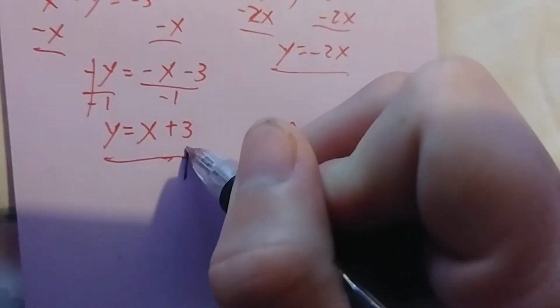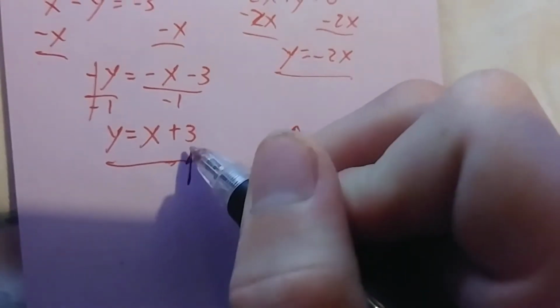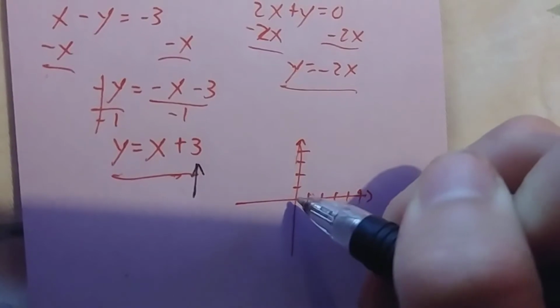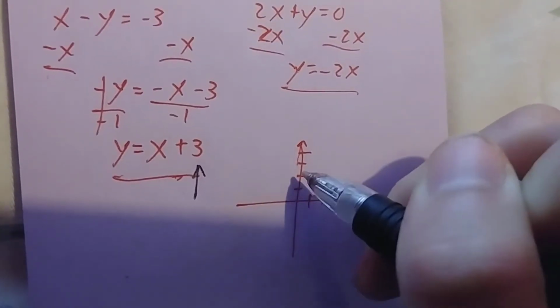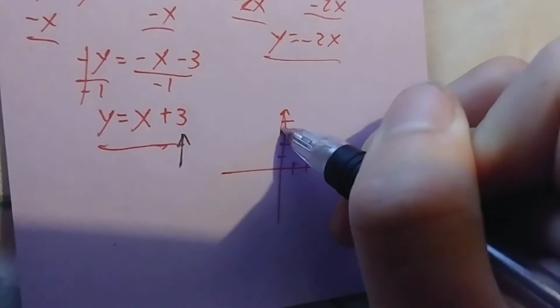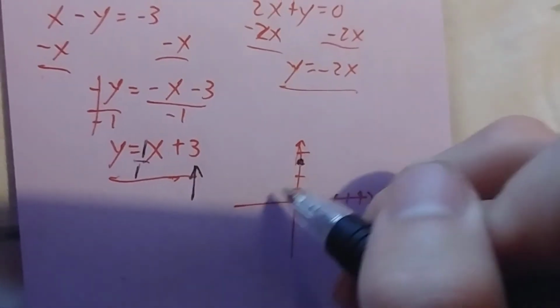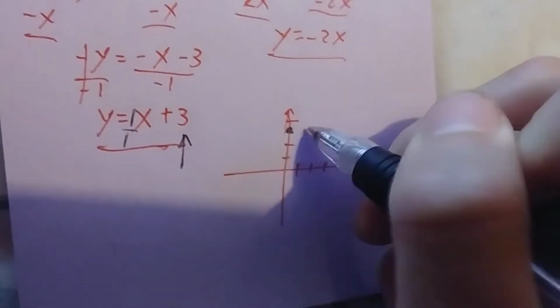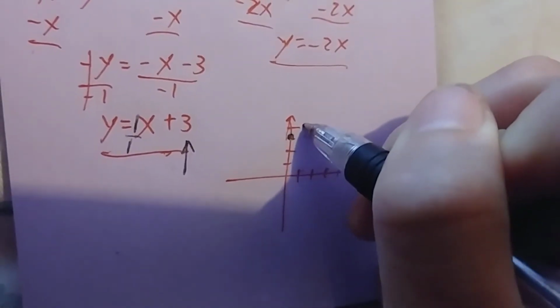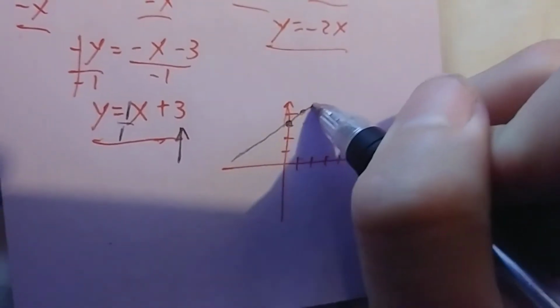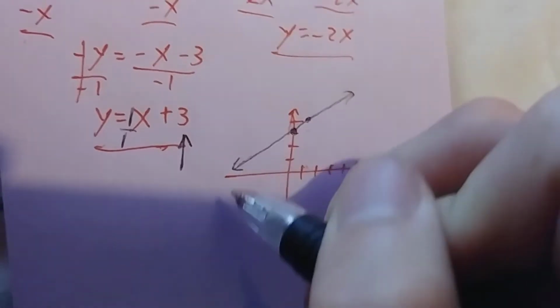Again, my y-intercept is the value that has no variable. So the +3 is going to be my y-intercept, and it's 3 units up because it's +3. So 1, 2, 3 units up. There's my y-intercept. And it has a slope of 1 because it's 1x, or 1/1. So slope of 1, which means I'm going to move over 1 and up 1. And then just connect these 2 points. There you go.